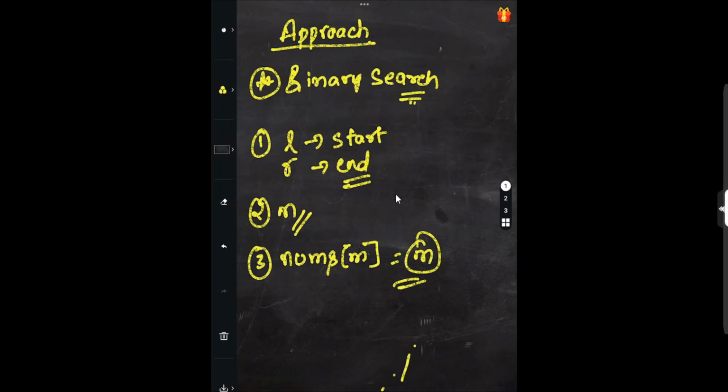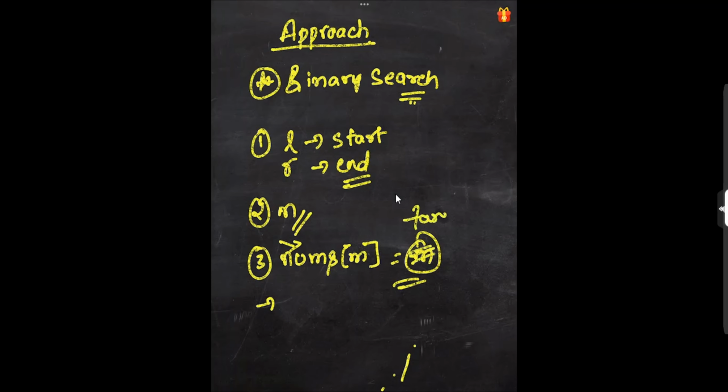And if nums of m, nothing but middle, is less than the target, then we will move the left pointer to m plus 1 to search only the right half. I can write it this way. First thing is, if the value at nums of m is equal to the target, then we will return m, right?